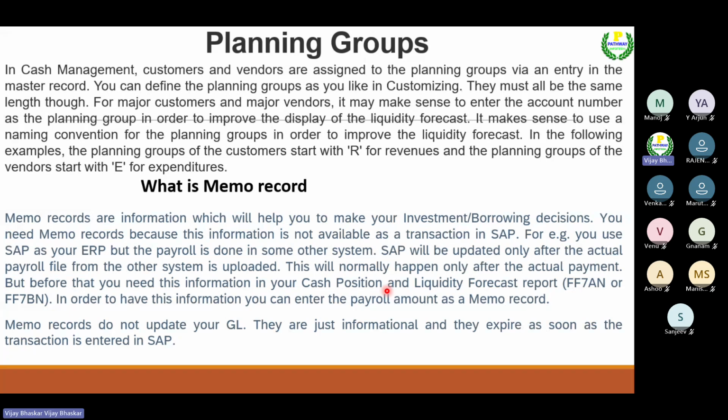But before that, we want to know the cash position, whether we have sufficient funds in our bank accounts or not. That is the major concern here. So how can you do the planning for that, and for a liquidity forecast report? With FF7AN, FF7BN, in order to have this information, you can enter the payroll amount as a memo record.